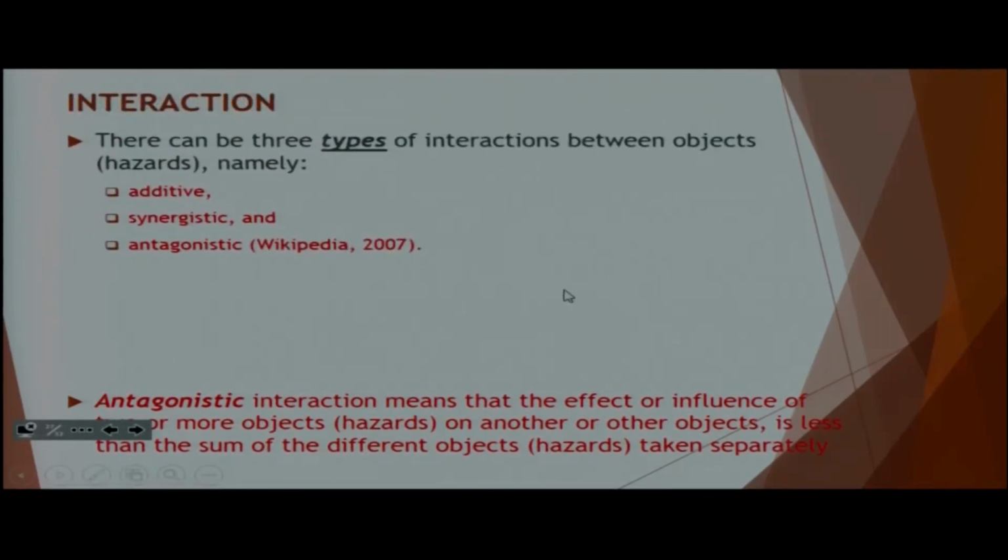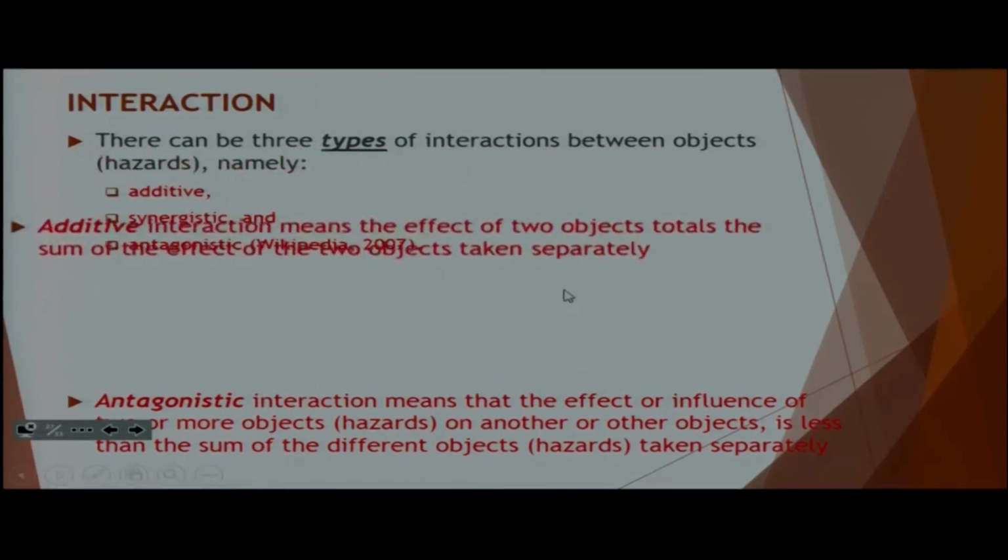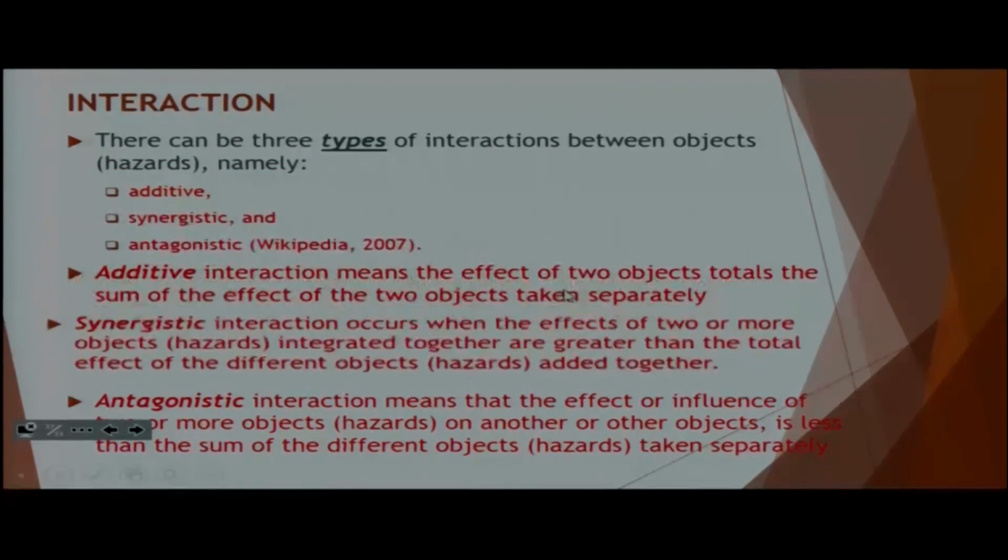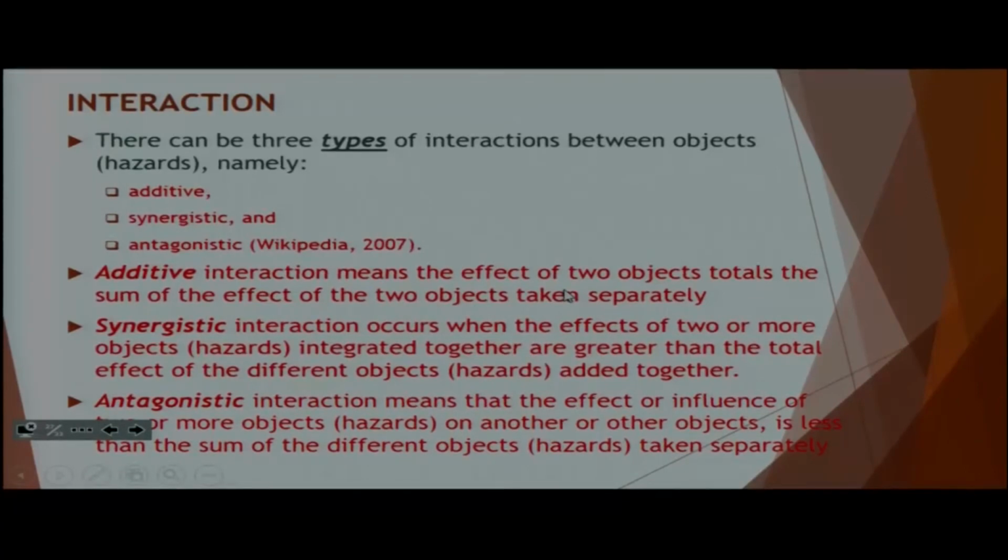Now we looked at the levels. Now we're going to be looking at the types of interactions that can occur. There can be three types of interactions between objects, namely additive, synergistic, as well as antagonistic.